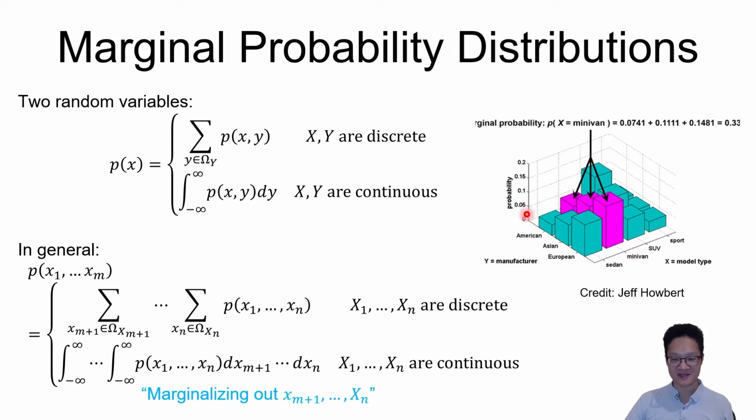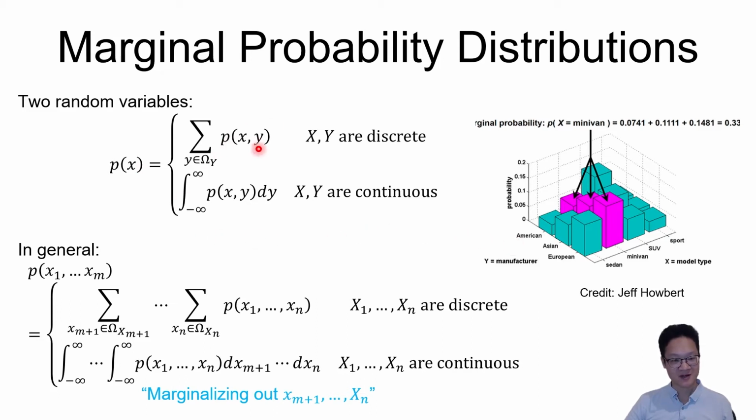So we're summing across the other direction. So you can also ask, what is the probability P of X equals sedan? For that one, you would sum up across y, right? So if you sum across y for all possible x, you will basically just get P of x. So hopefully that makes sense.